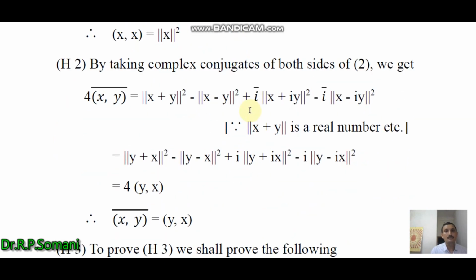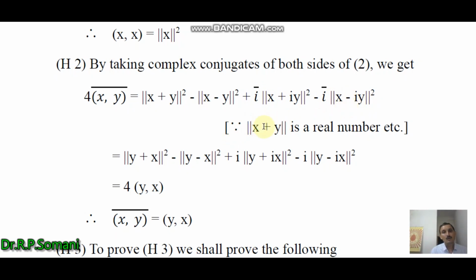Now for the second property, we start from 4 times the complex conjugate of ⟨x,y⟩. In equation 2, we take the conjugate of both sides and obtain norm x plus y squared minus norm x minus y squared plus ι bar norm x plus ιy whole squared minus ι bar norm x minus ιy whole squared.